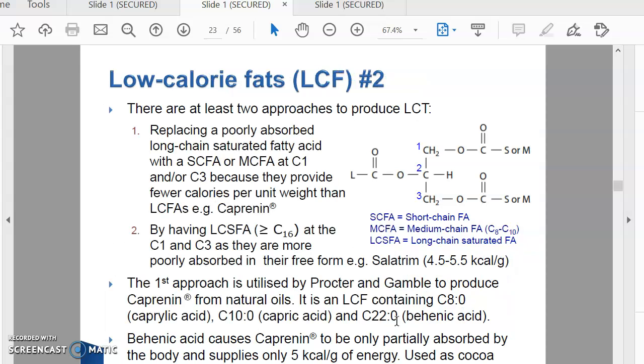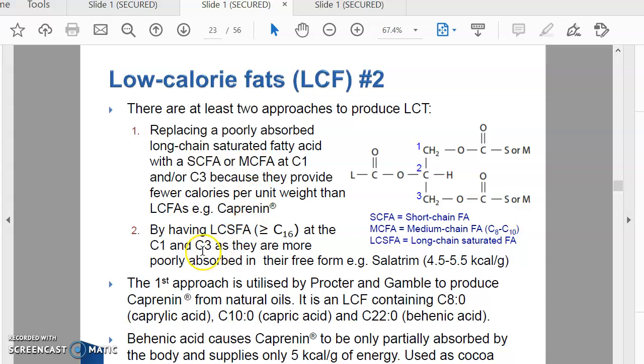Okay, for low calorie fat, there are two approaches to produce it. Sorry, this is not LCT, this is LCF. One is replacing a poorly absorbed long chain saturated fatty acid with short chain or medium chain. Because long chains, although they are poorly absorbed, contain more calories, you replace them with shorter chains of fatty acid.